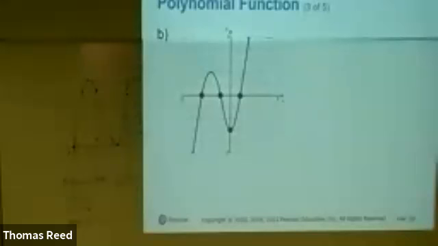Is this a polynomial function, or could it be a polynomial function? Yes, because it's a smooth, continuous curve. What are the x-intercepts?